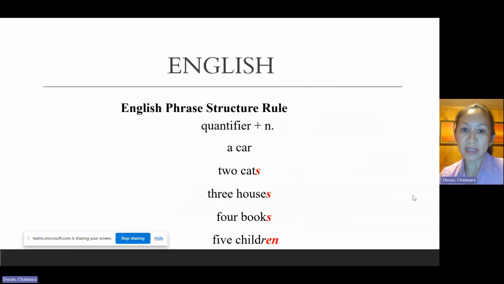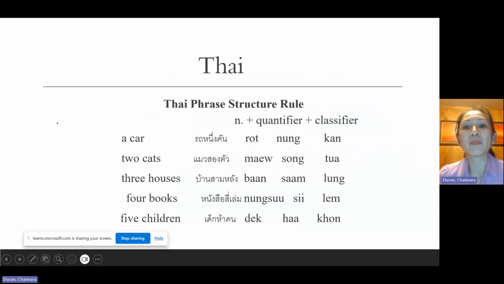What I want to emphasize is that in English, the pre-nominal modifier comes before the noun. In Thai, it's different. In Thai, the quantifier comes after the noun. So for the first line, you have car in English. In Thai, you put the noun first, and then you put the quantifier.